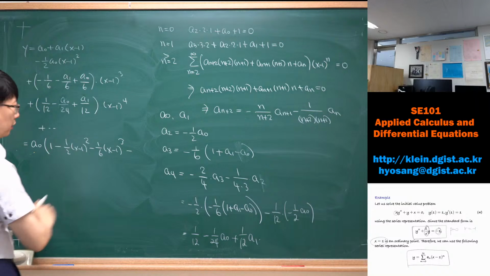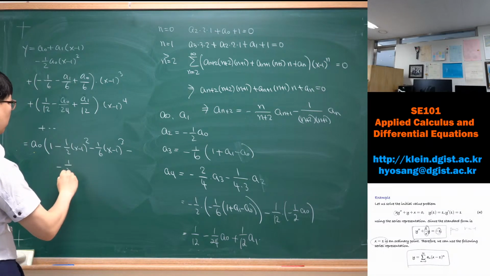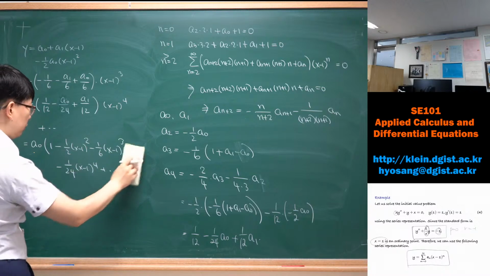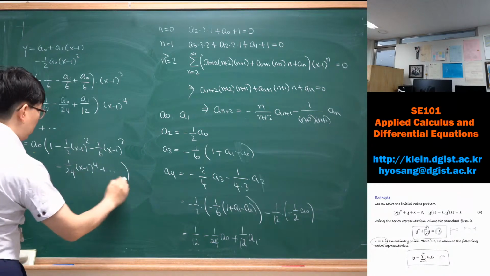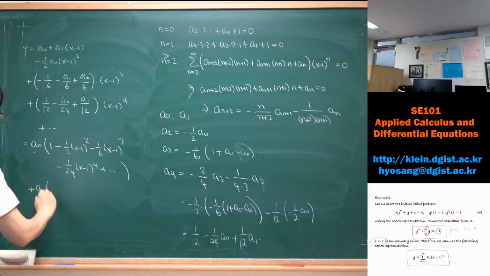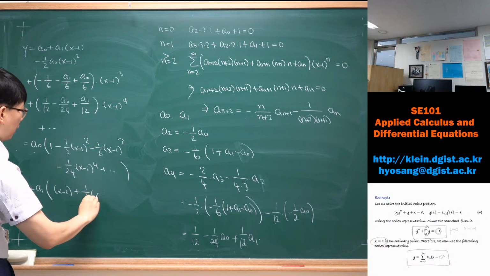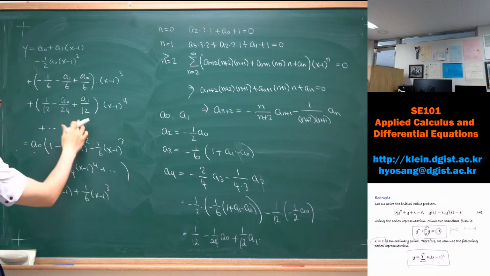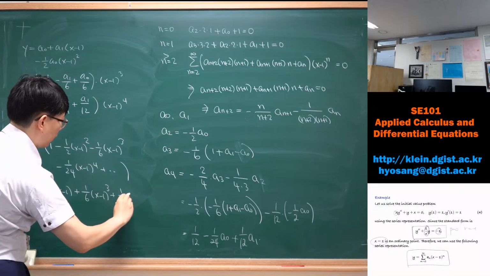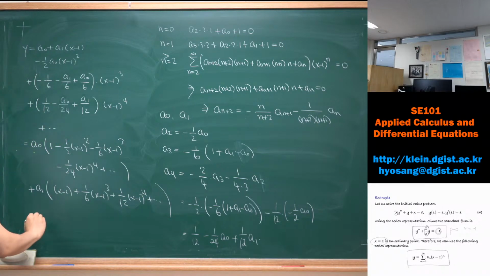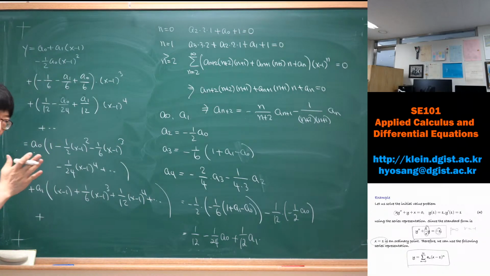Here we have minus 1 over 24 x minus 1 to the fourth, and so on. And let's combine A1 term. We have x minus 1, and here we have 1 over 6 x minus 1 cube. Here we have 1 over 12 x minus 1 to the fourth, and so on.